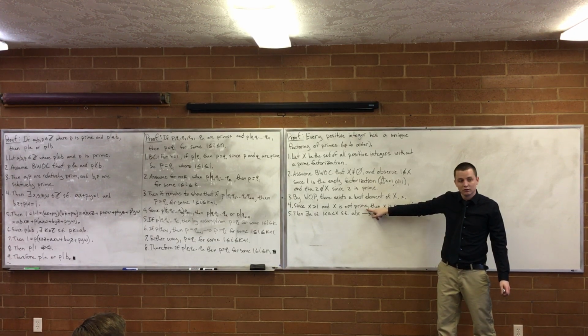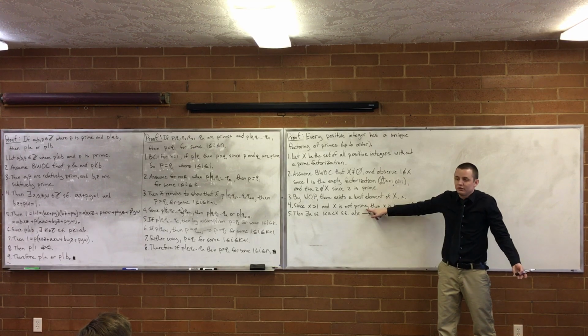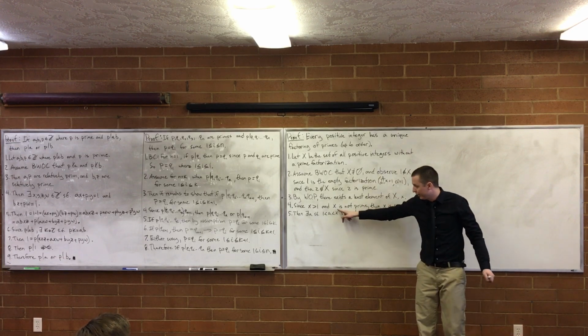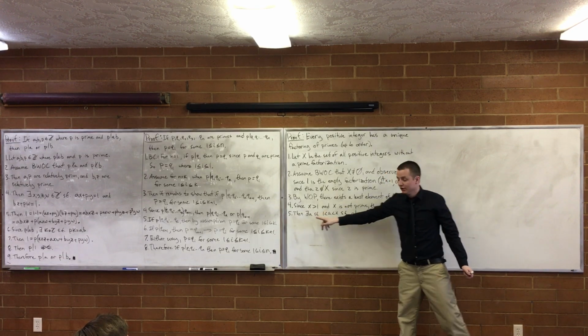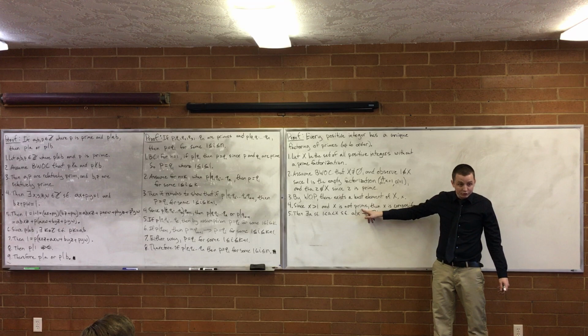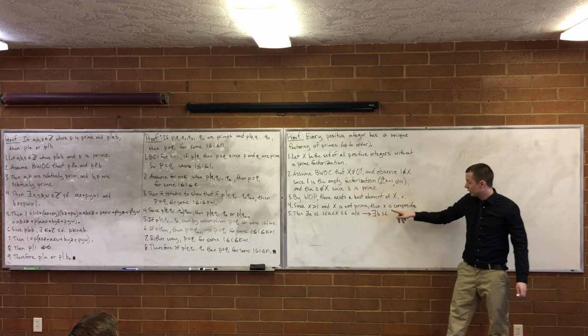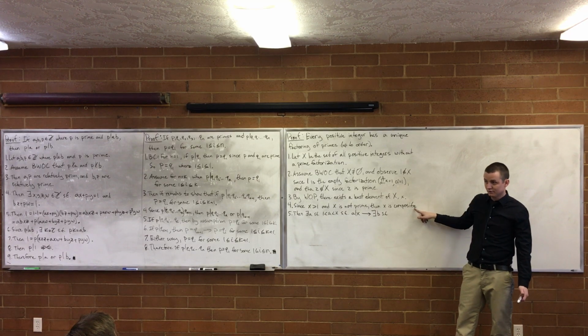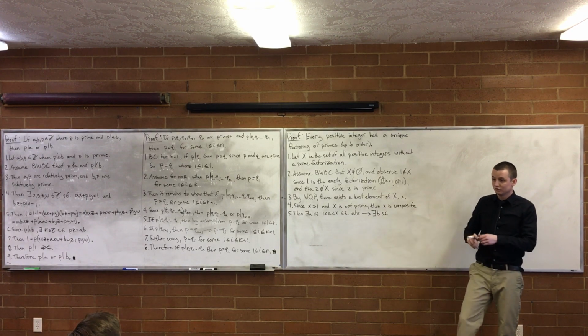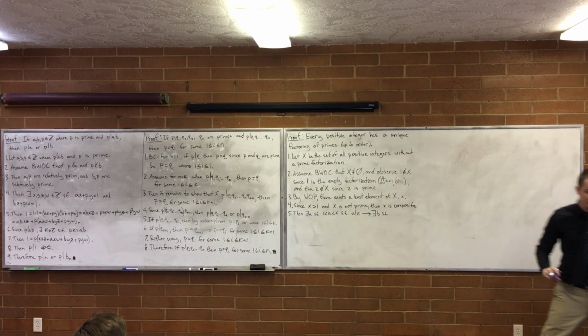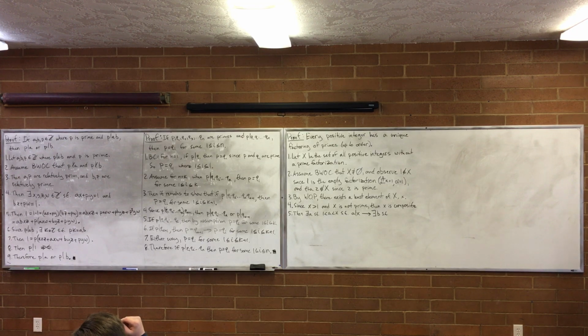Because then it would factor into primes. It itself is its own prime factorization. So it can't be prime, and it's greater than 1. So it's a non-prime number greater than 1. We have a name for those numbers: composite. It's not prime, it's greater than 1, therefore it's composite.